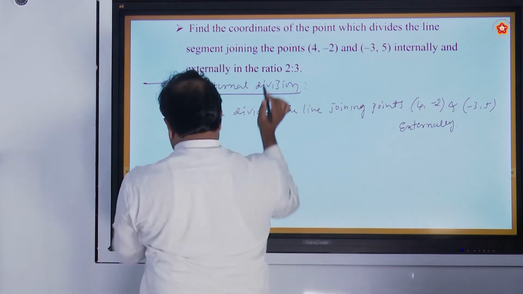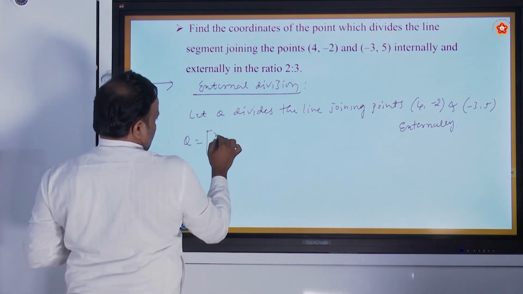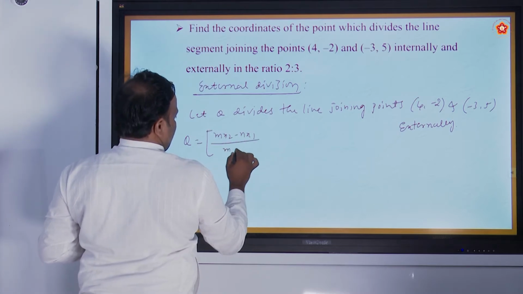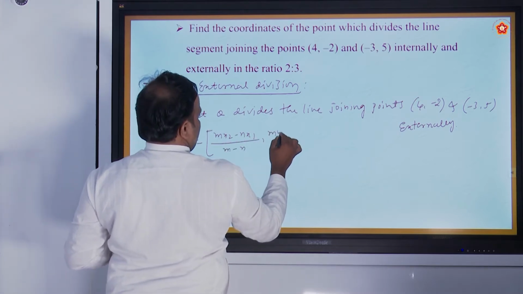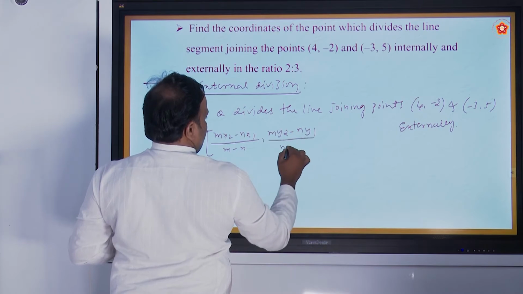What is the external division formula? Therefore Q is equal to ((m x2 - n x1)/(m - n), (m y2 - n y1)/(m - n)).